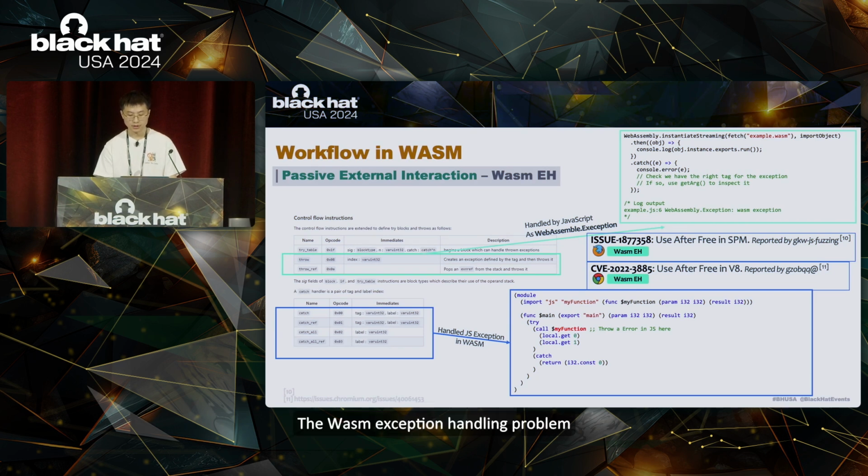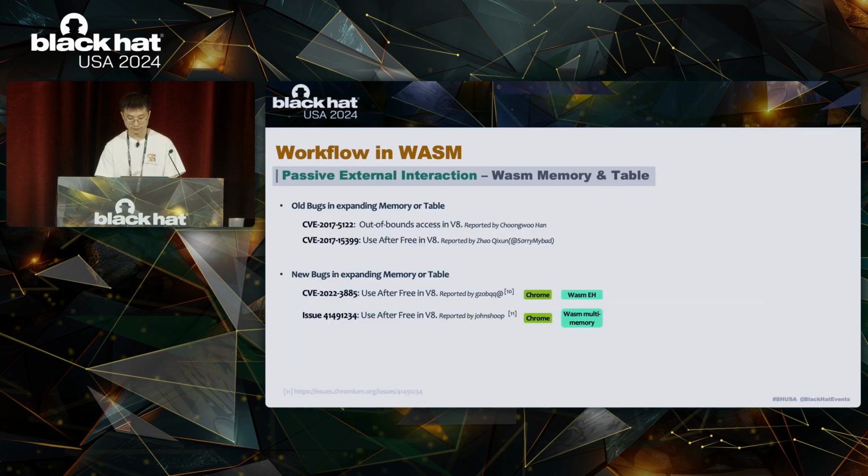The WASM exception handling proposal introduced the try catch mechanism in WASM. When an imported JavaScript function is called within a try block and throws an exception, the exception can be caught by the catch block in WASM. Similarly, exceptions thrown by WASM can also be caught by JavaScript catch blocks. If not implemented properly, these interactions can lead to side effects.